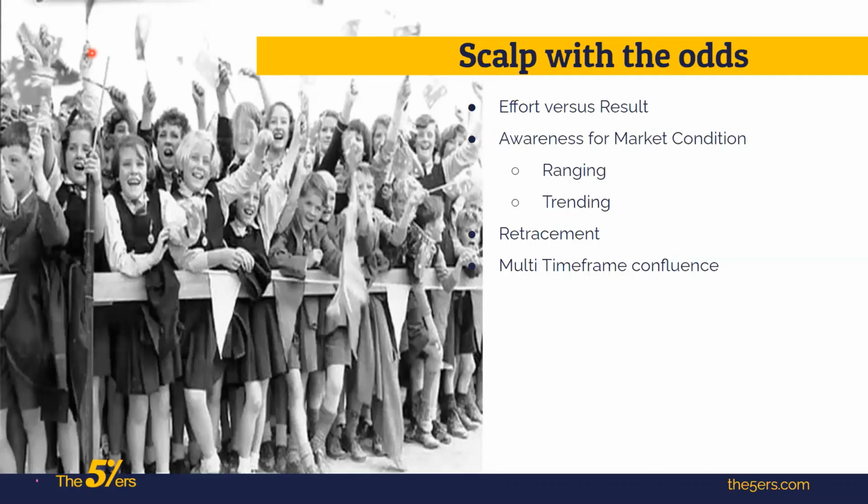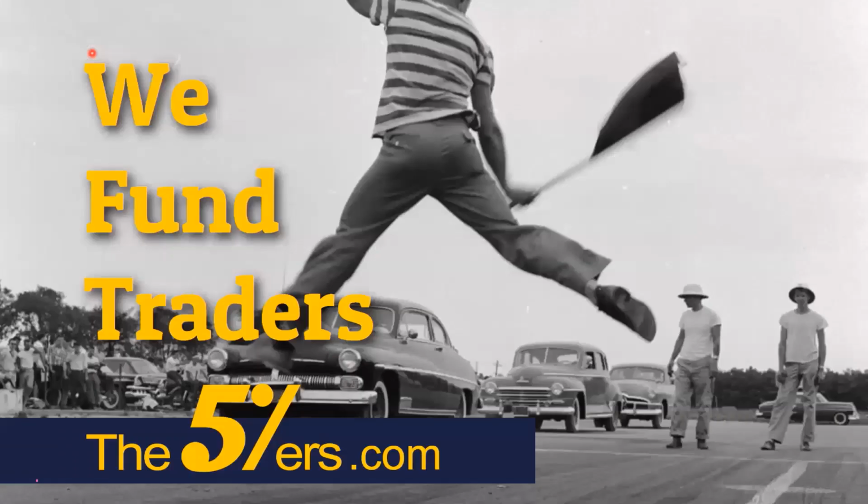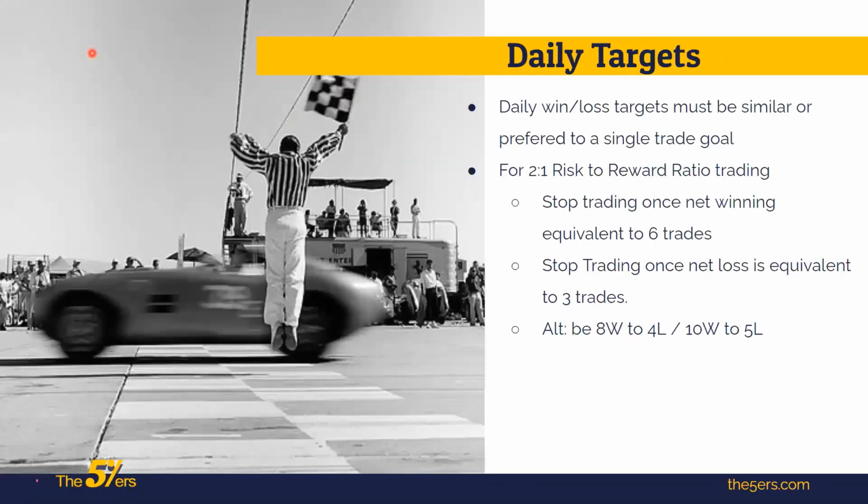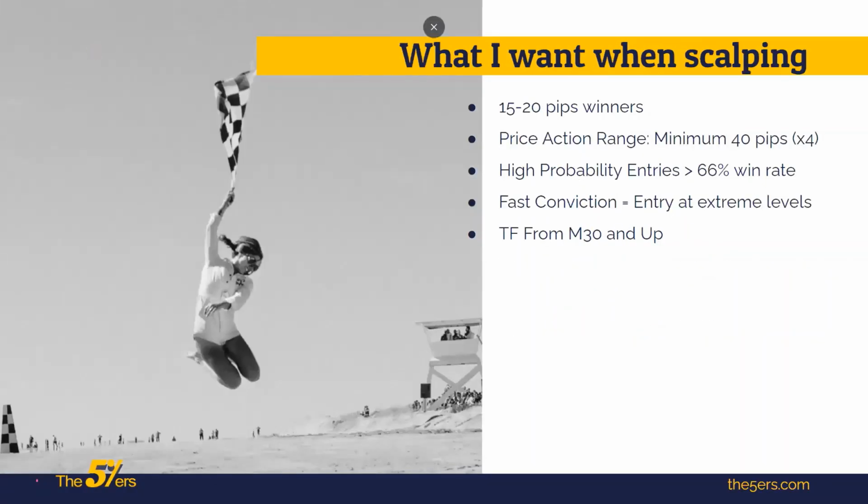When we look at the charts, we want to see enough range that will provide us enough pips to take. We're looking, of course, for retracement, and that the story is consistent among different time frames. Okay, so let's change to charts and start playing with charts.